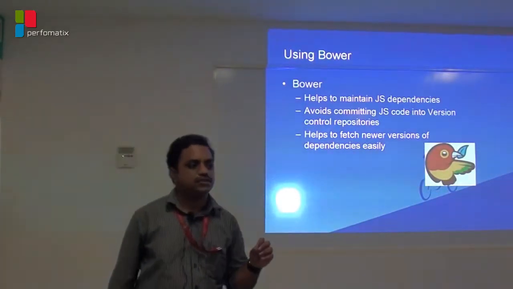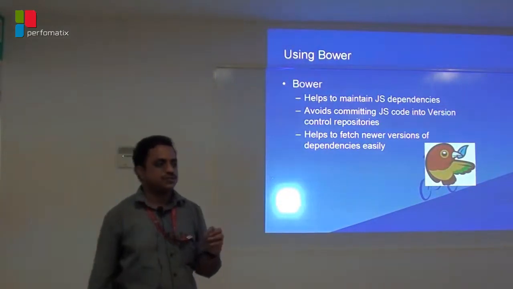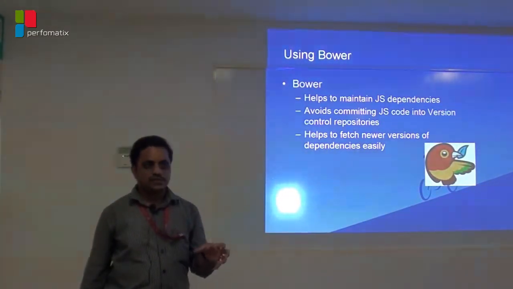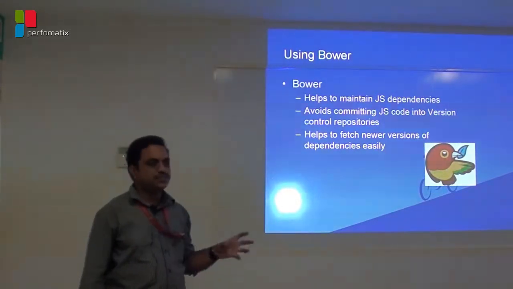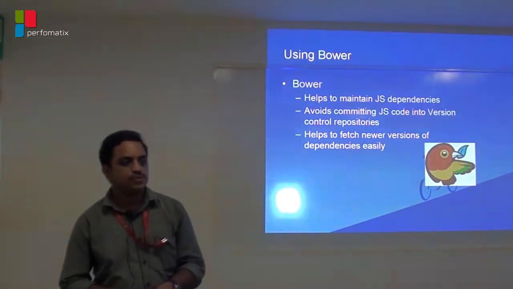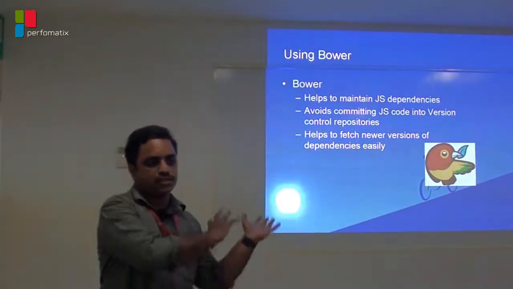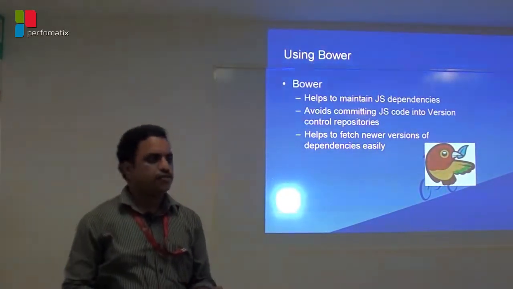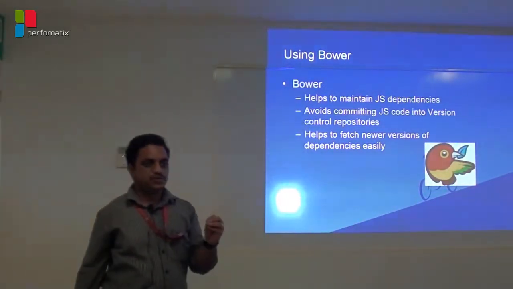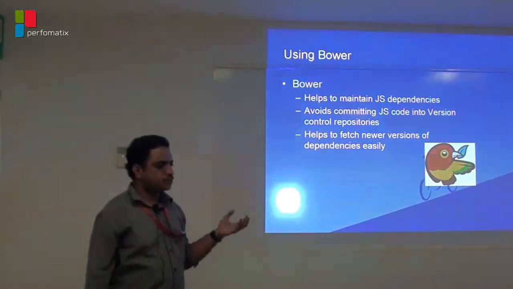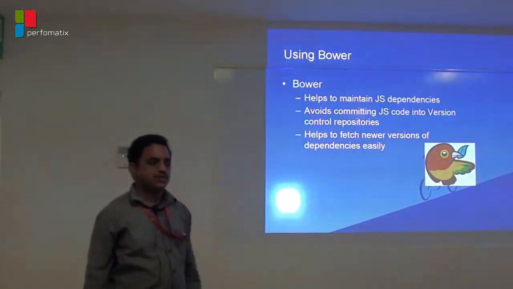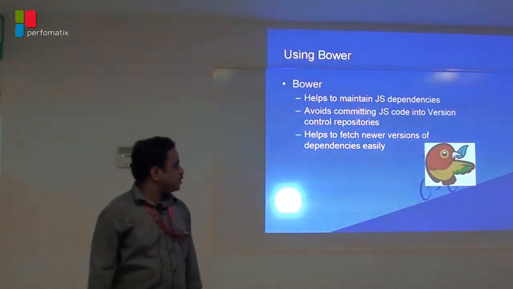So using Bower helps reduce that. You just need to include a bower.json, a package JSON kind of file, inside your project structure, so that all the dependencies which you have used will be listed in that. So when a new developer sets up the code, you don't have to carry over the whole JS again and again. Just like when you use Maven or something, you can simply use Bower and Bower's setup file in order to re-download all the dependencies and get the project running.